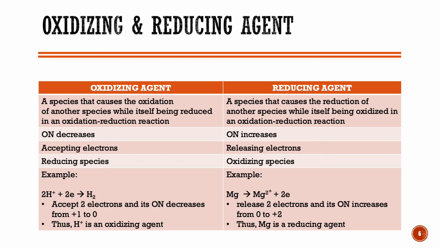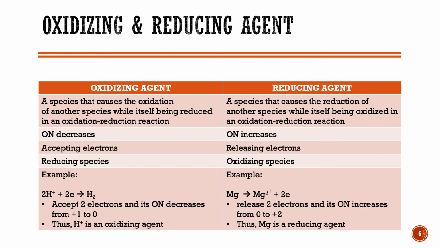So let's say if the oxidation number is decreased, meaning it gained electron and was reduced. The substance that is reduced in a reaction we can call the oxidizing agent because it gained electron. Conversely, the substance that is oxidized in a reaction is the reducing agent because it loses electron.